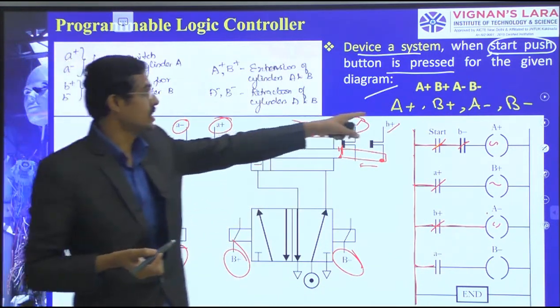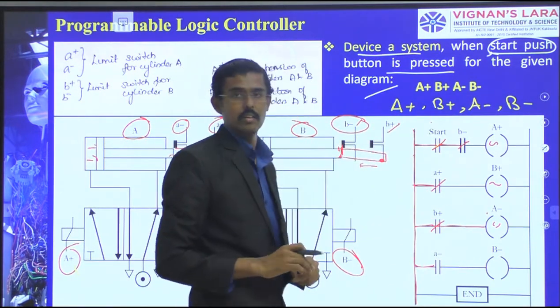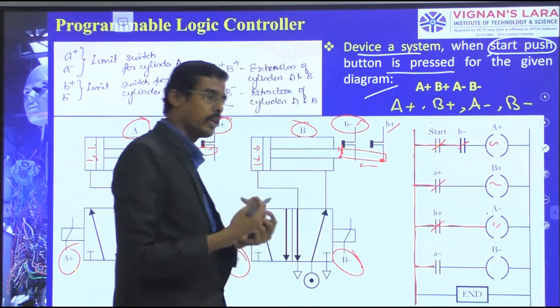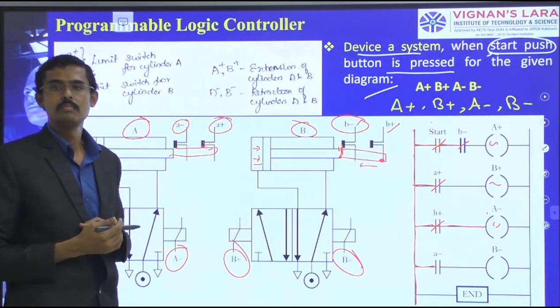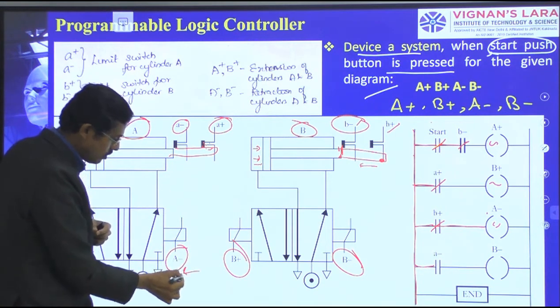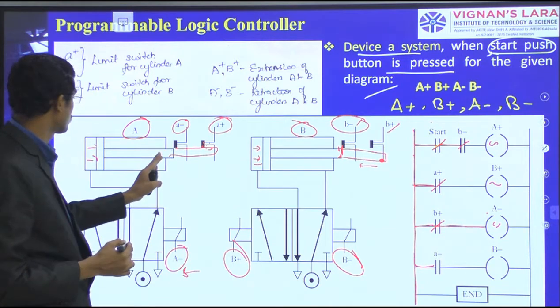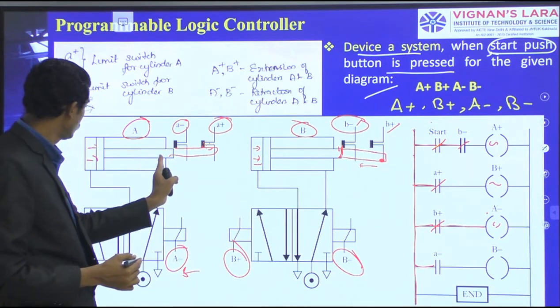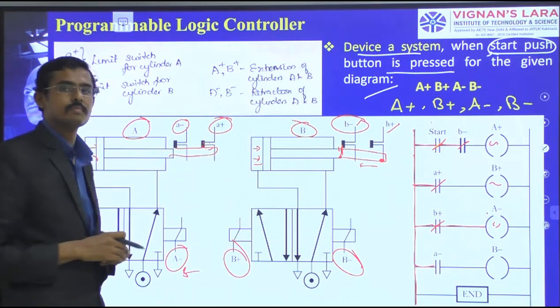And what is my condition here? A plus, B plus, next A minus. Therefore, I am giving the A minus here. If the A minus is activated, what happens? A minus belongs to cylinder A, in the backward return direction. So the A minus solenoid is activated. Therefore, the pneumatic air goes to the left direction and pushes the piston backward.